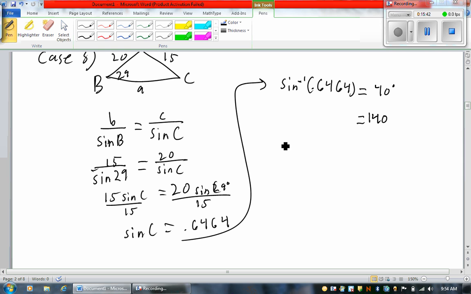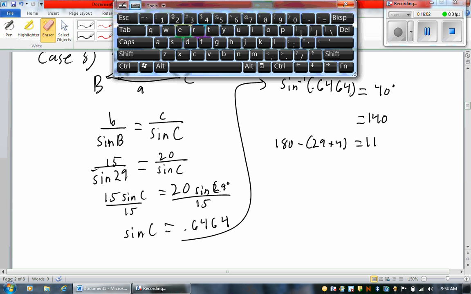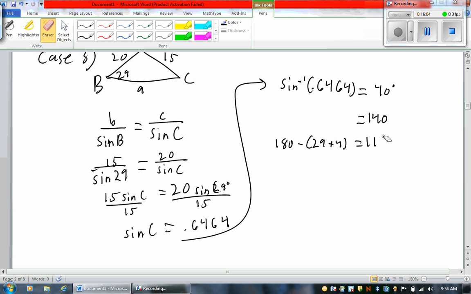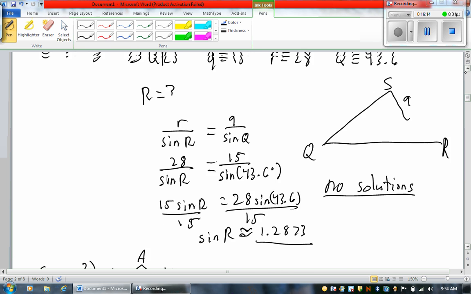Solving for the third angle, let's try the first triangle. 180 minus 29 plus 40 is going to come out to 111 degrees. And this is the other angle we need here, angle A.